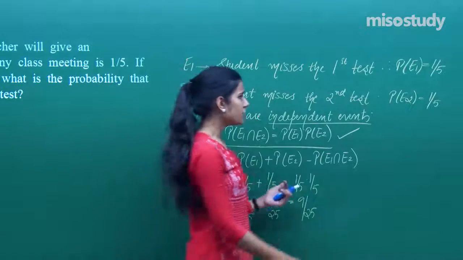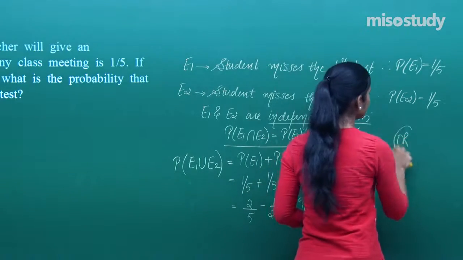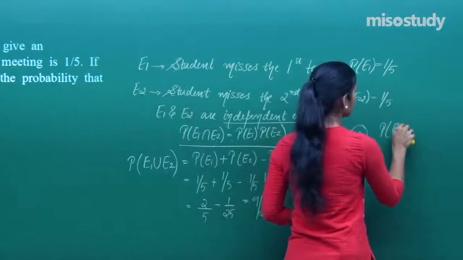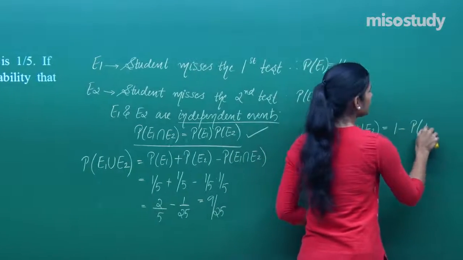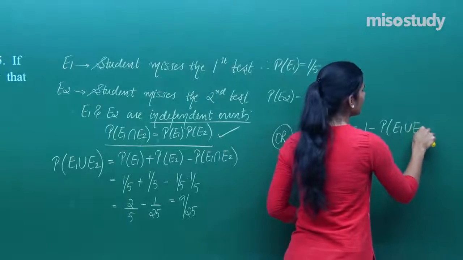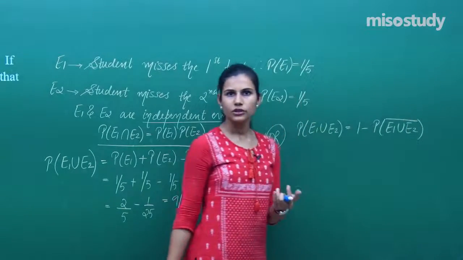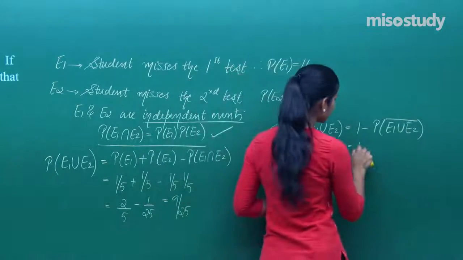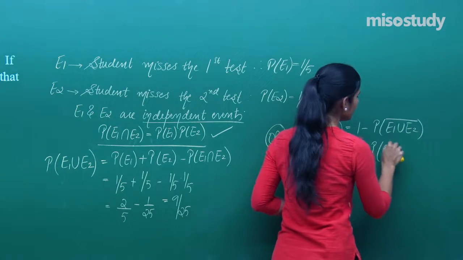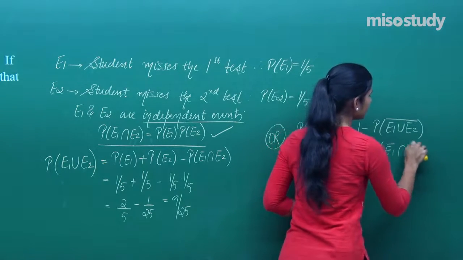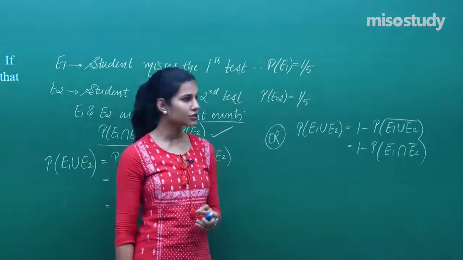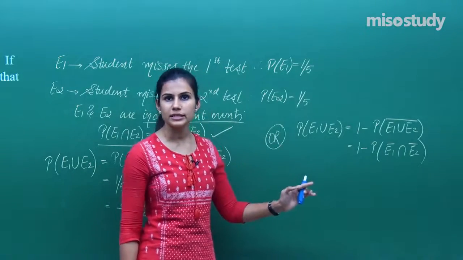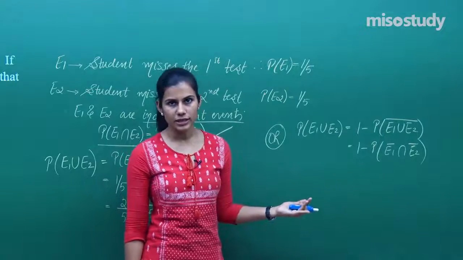If you don't like it this way, you can also compute this in other fashion. Probability of E1 union E2 is 1 minus probability of not happening of E1 union E2, right? By De Morgan's law, this is probability of E1 bar intersection E2 bar. Now you know we have done this result in our theory lecture that if E1 and E2 are two independent events, then their bars are also independent events.